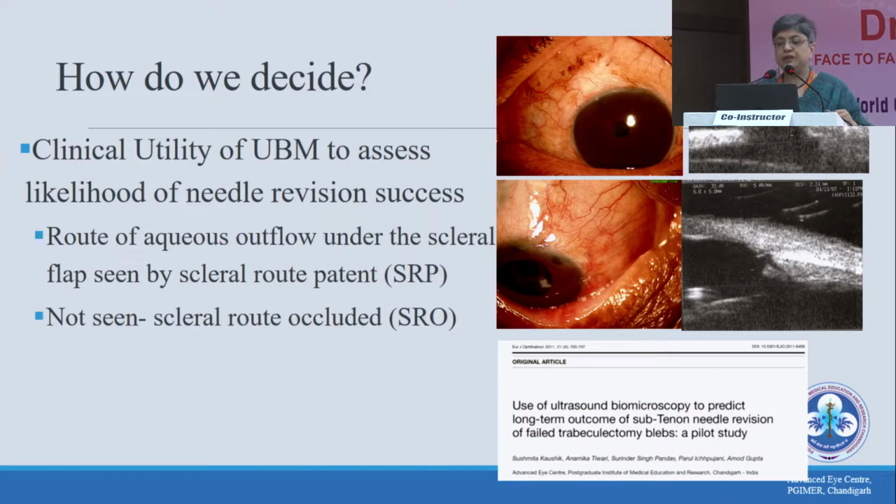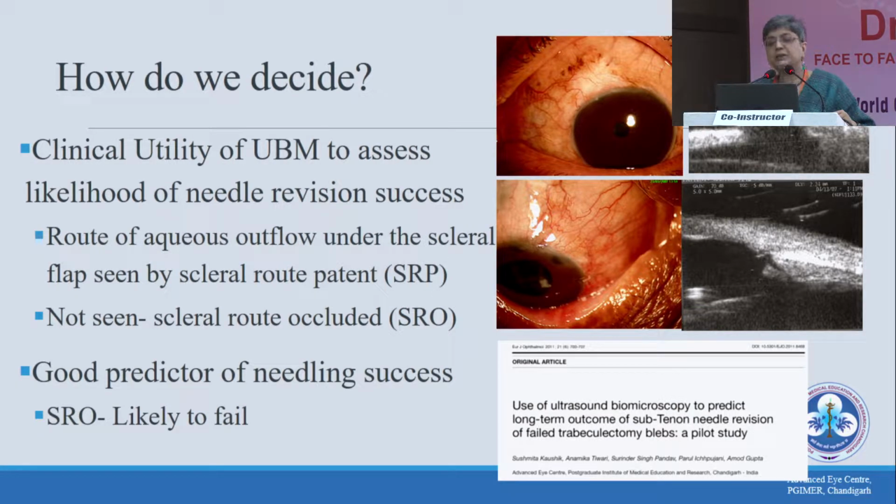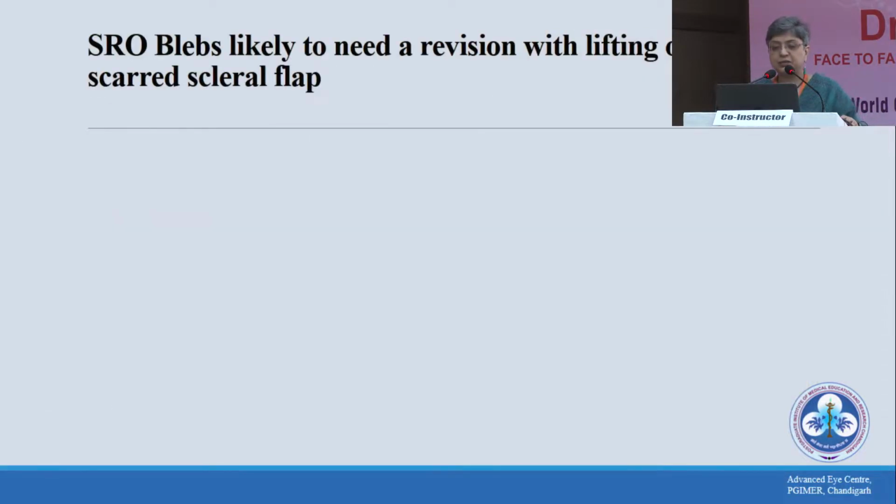And the route of aqueous, if we could see it, we call them SRP, or scleral route patent, or a scleral route occluded. Our hypothesis was that the SRO bleb was likely to fail with needling, which was intuitive because the flap itself has stuck down, and that the SRP bleb was likely to succeed.